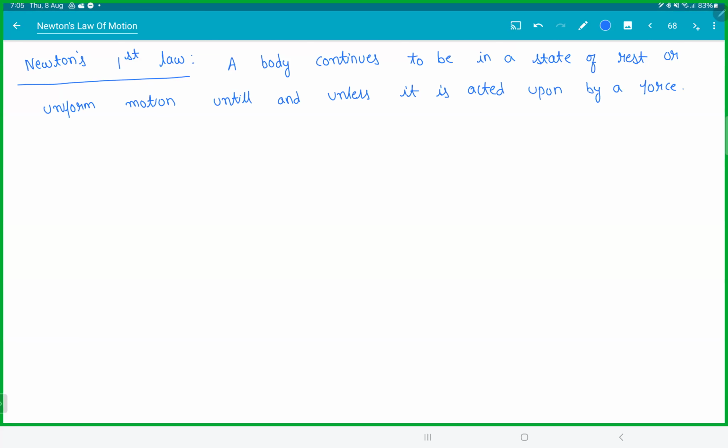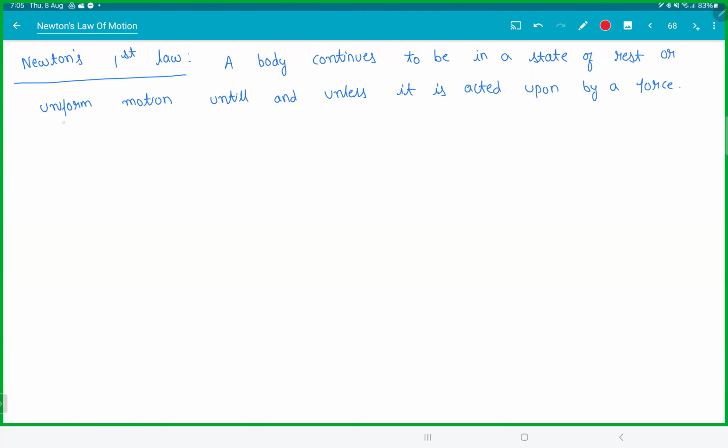So if you see in these words, the main thing is rest or uniform motion.